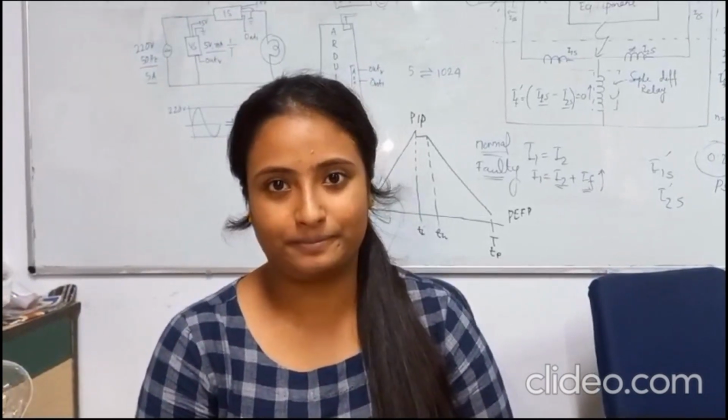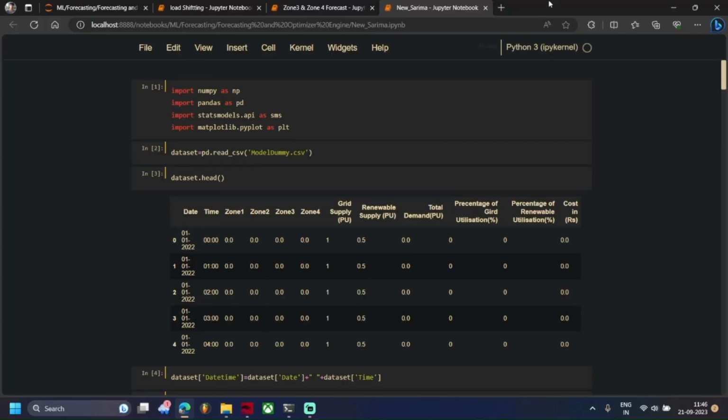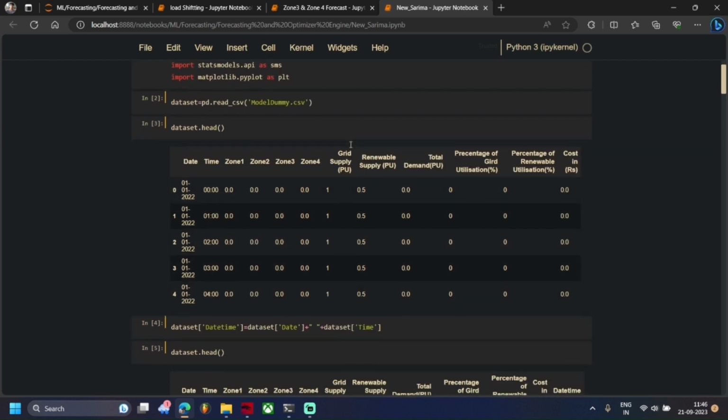teammate Shobhan. Hi everyone, I'm going to explain how I implemented AI technology for the demand response management and energy optimization strategy. So first of all, as my teammate said, we have categorized different zonal loads into 4 types: zone 1, zone 2, zone 3 and zone 4.